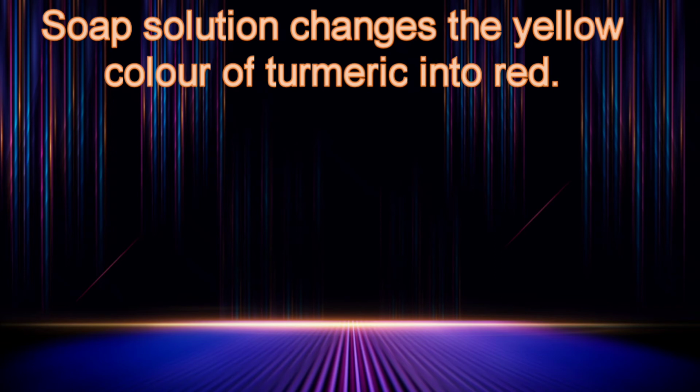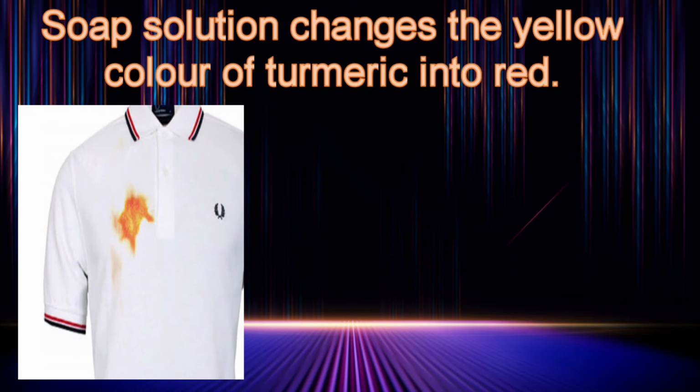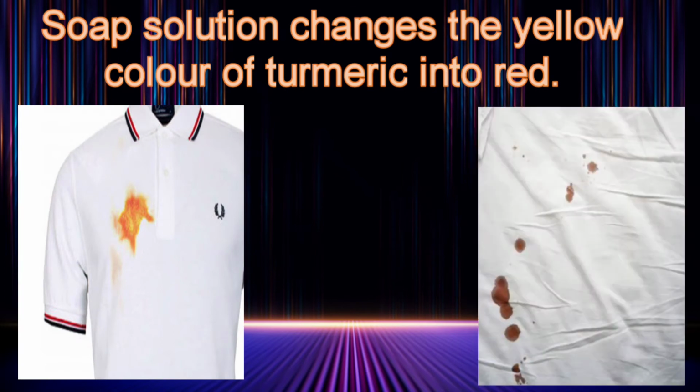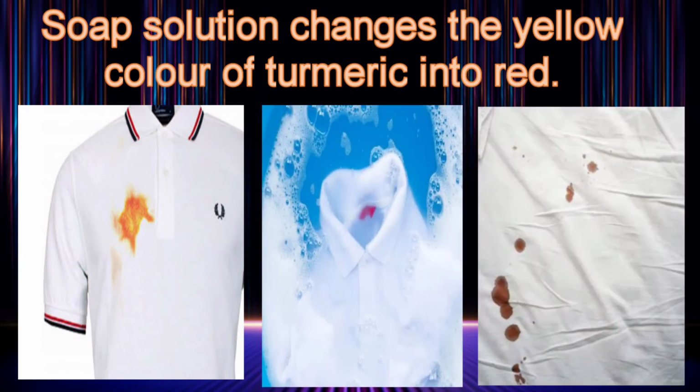Soap solution changes the yellow color of turmeric into red. When you dip this turmeric paper into a soap solution, it will change its color to red. Turmeric is one of the constituents while making curry.